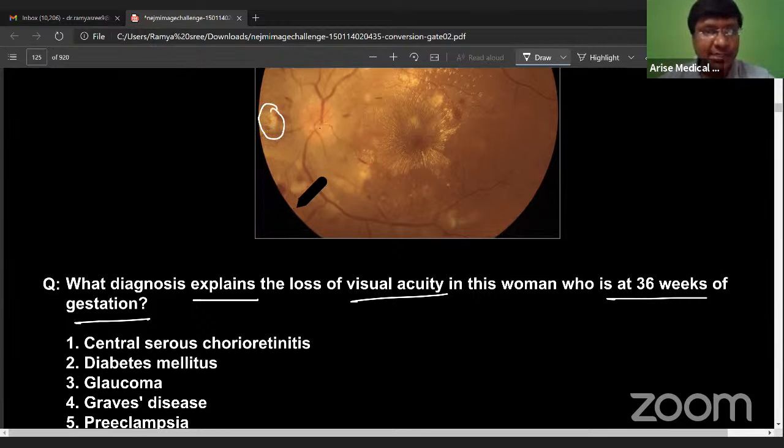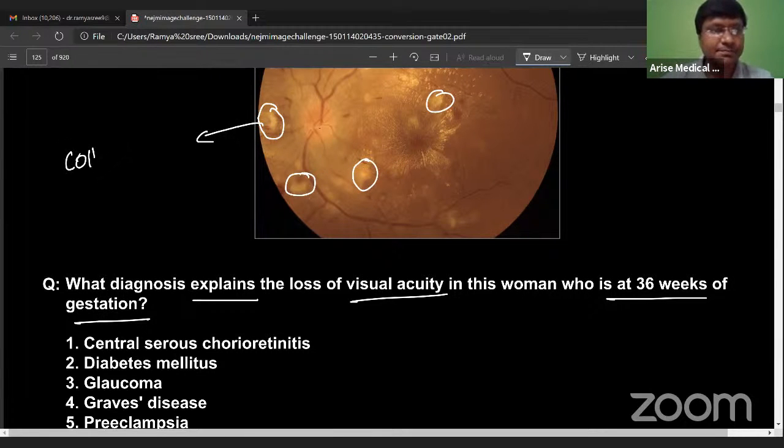These are your cotton wool spots. We got one correct answer, from Sazidur Rahman. These are all your cotton wool spots.